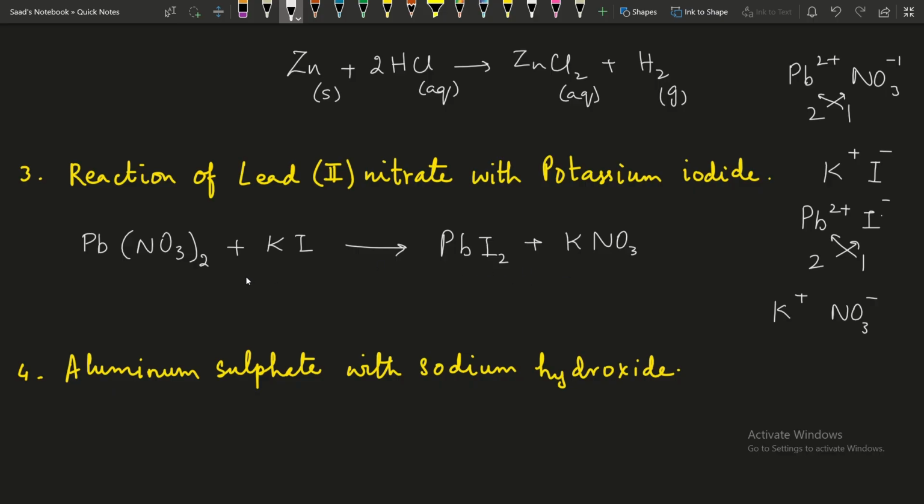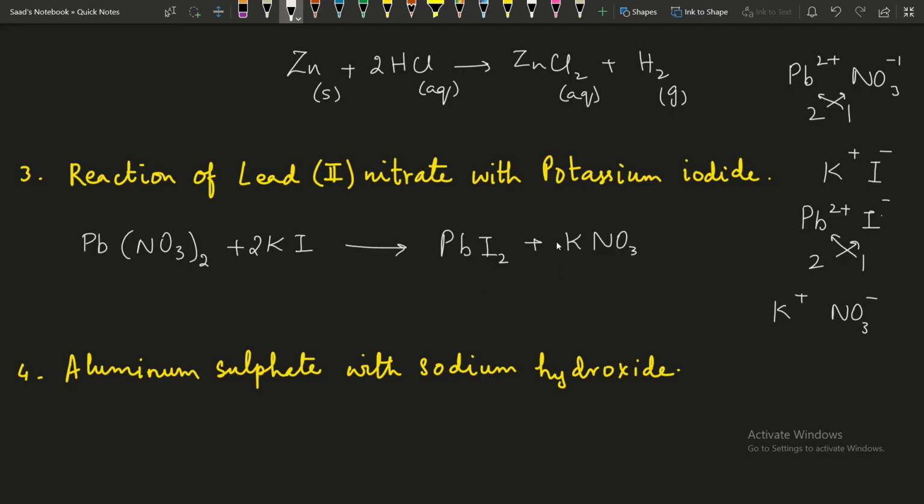Then I will see the non-metal, which is iodine, which is not balanced. On the reactant side I have 1 iodine, on the product side there are 2 iodine, so I need to balance iodine. If I write 2 over here, now the iodines are balanced on both sides, but writing 2 over here makes potassium more on the reactant side.